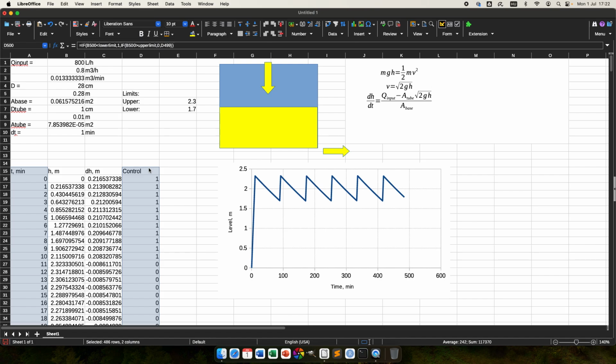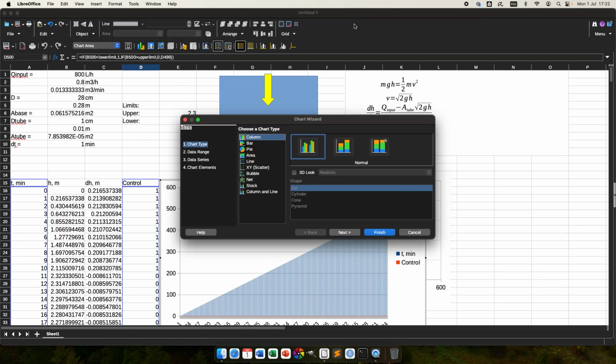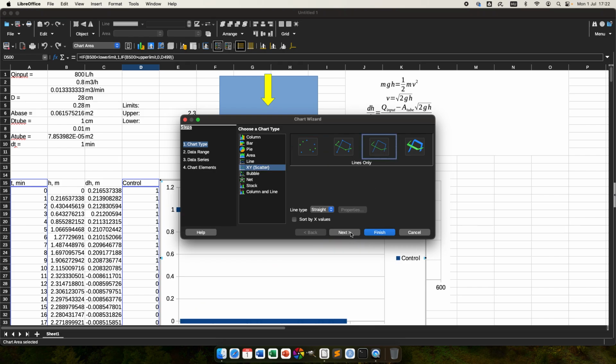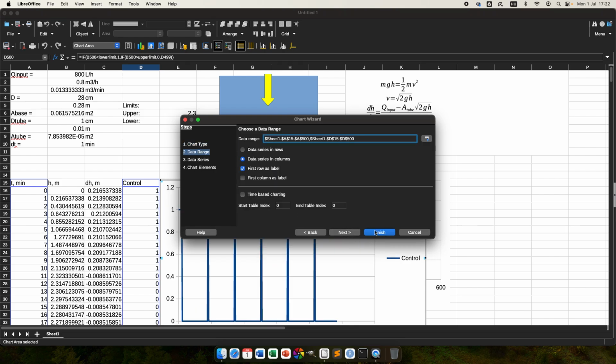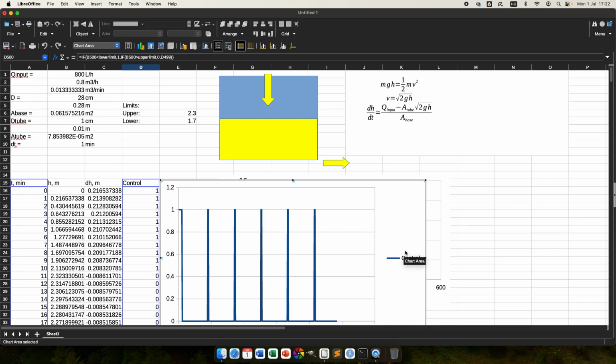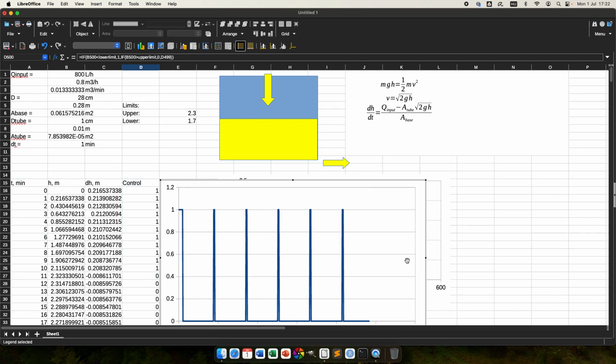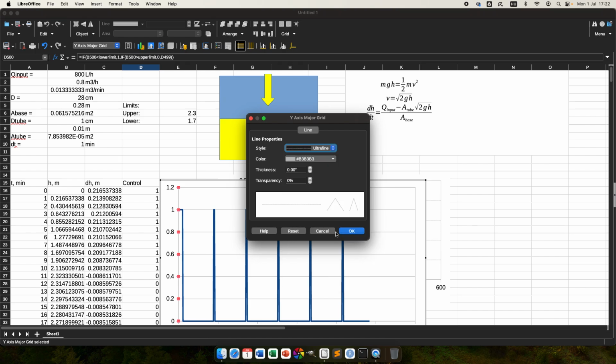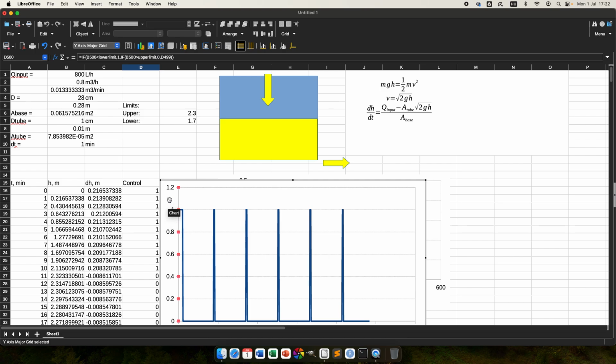Now if I insert the second figure, again scatter, connected. Finish. Ultrafine dotted, the same as the others.